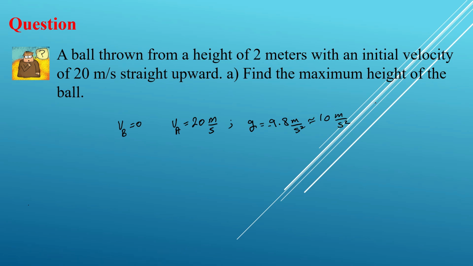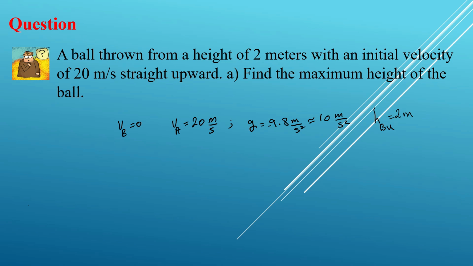And then I also have the height of the building. I'm gonna call it HBU, which is 2 meters. So now it's asking me to find the maximum height of the ball.